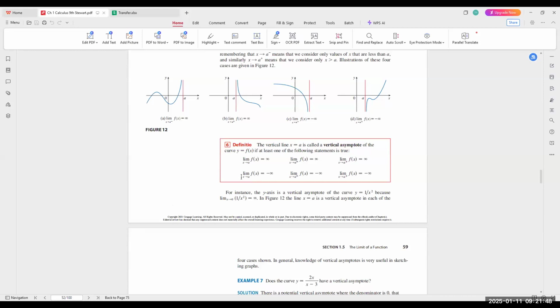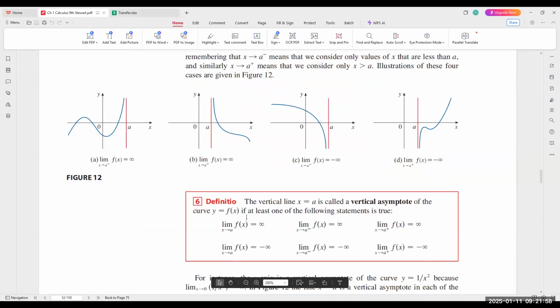Vertical asymptotes, if at least one of the following statements is true. Let me enlarge that a little bit. So it doesn't mean that the function cannot be defined there. That is only true for rational functions.